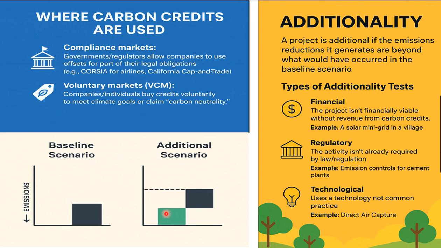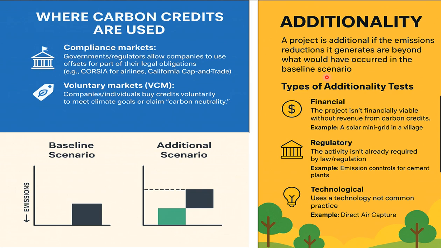This is the amount of emissions which was already there in absence of the project, say 10 million tons. Now the project has taken place. The amount of reduction that should happen should be additional to the baseline scenario emissions. So additionality means a project is additional if the emission reductions it generates are beyond what would have occurred in the baseline scenario.